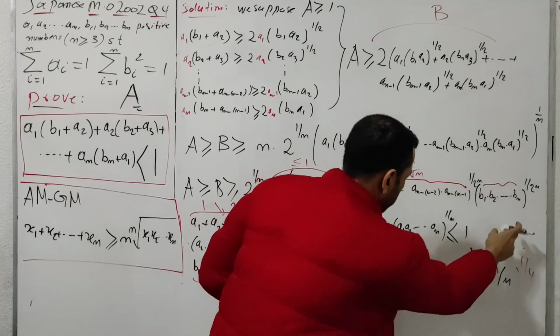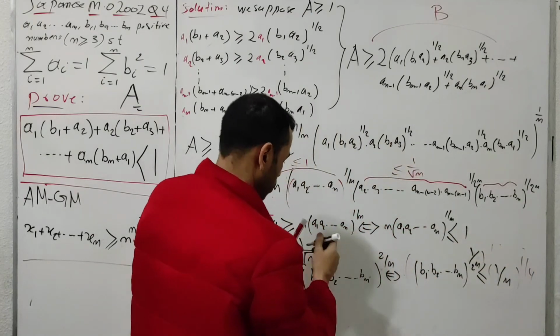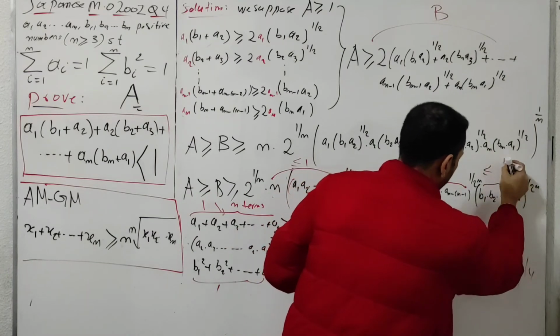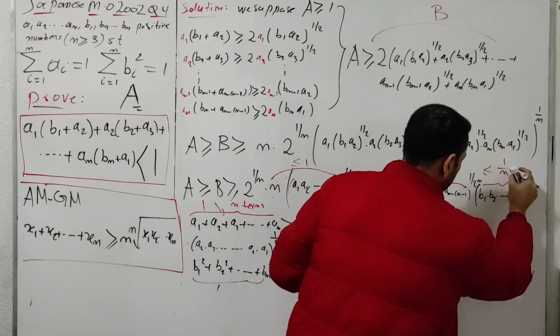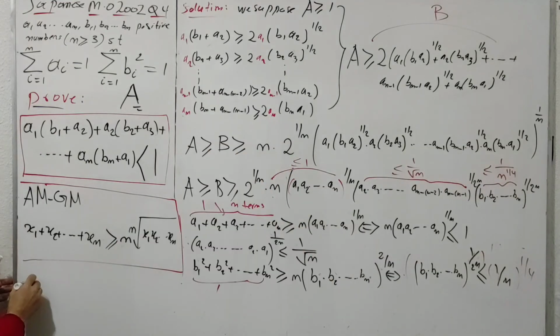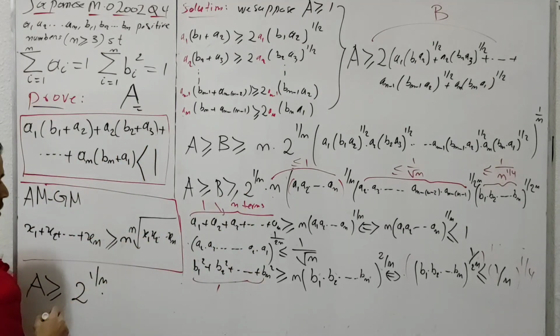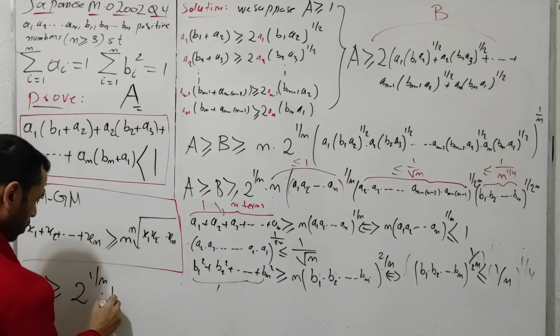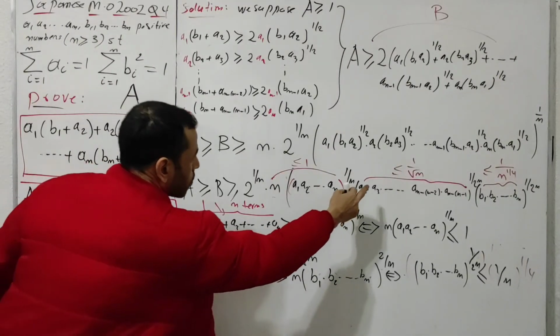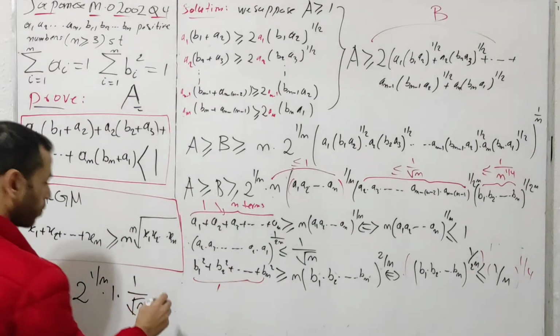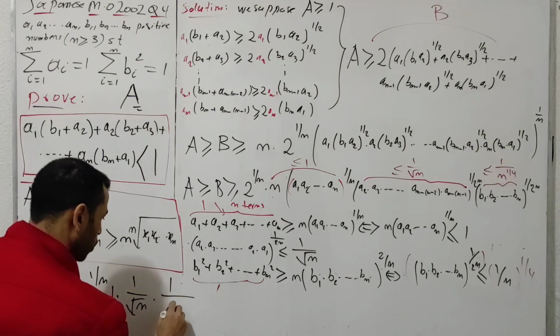So now I have the same thing as I have here. So this one is inferior or equal to 1 over n to the 1 over 4 as an exponent. Finally, I will get capital A superior or equal to this term, 2 to the 1 over n multiplied by 1 multiplied by 1 over square root of n multiplied by 1 over n to the 1 over 4.